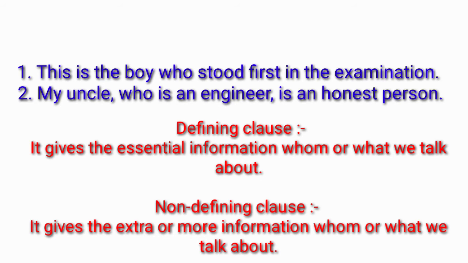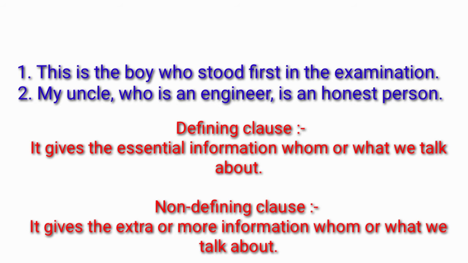This is the boy who stood first in the examination. Here, who stood first in the examination is the essential part of the sentence. To define the boy, we have used this clause. So it's a defining clause. And we have not used any type of comma here.